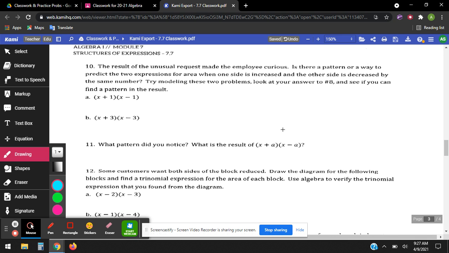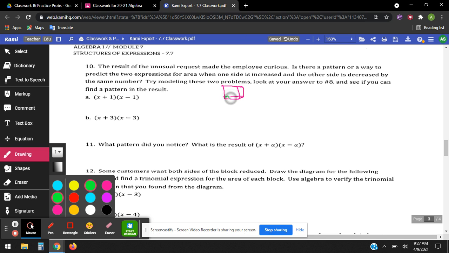The result of the unusual request made the employees curious. Is there a pattern to predict the two expressions for areas when one side is increased, the other side is decreased by the same number? So let's try modeling it one more time and see if we can find a pattern. So for this one, it's an x plus 1, and then an x minus 1.